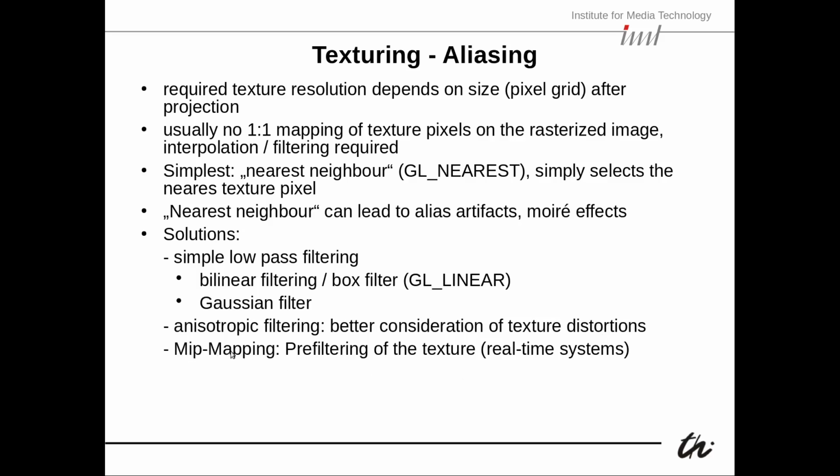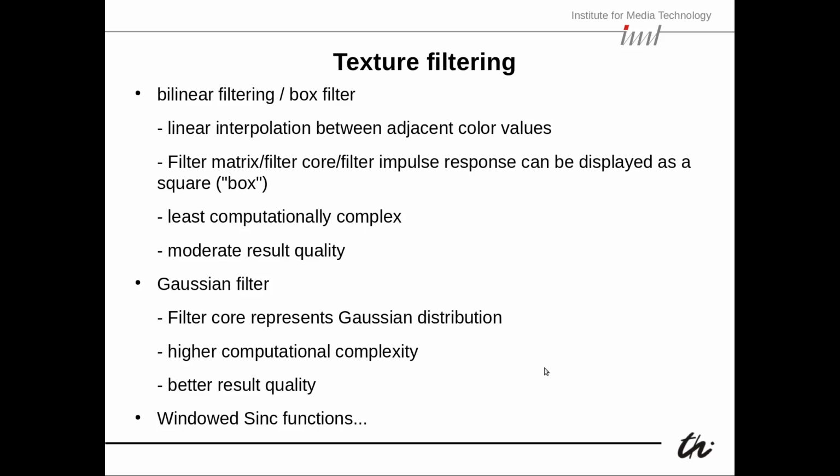Then we have mip mapping. This is a pre-filtering of the texture at different resolutions, and this is useful for real-time systems because then you just look up the suitable texture in memory. Yeah, so more on this now.